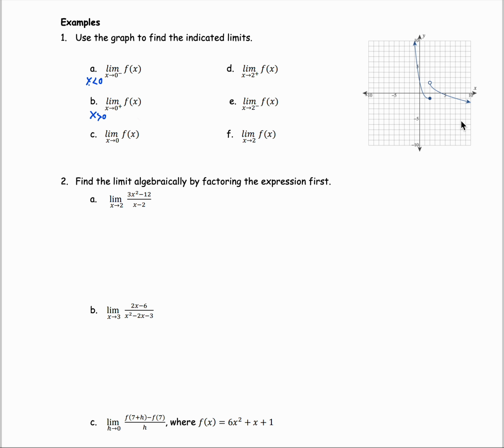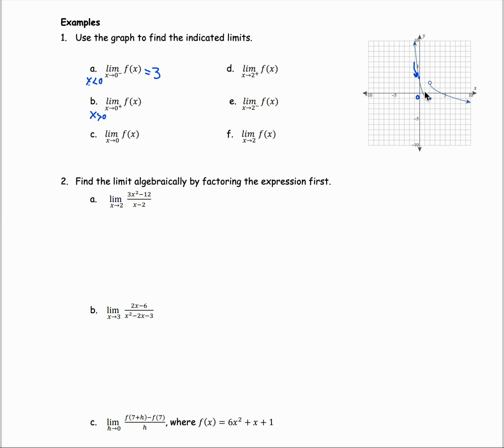Let's get started wherever 0 is, so right here. We're going to look at the left-hand limit. As we move along the graph toward x equals 0, y approaches the value 3. So we put the answer here for part A, and then use a different color for the right-hand limit.